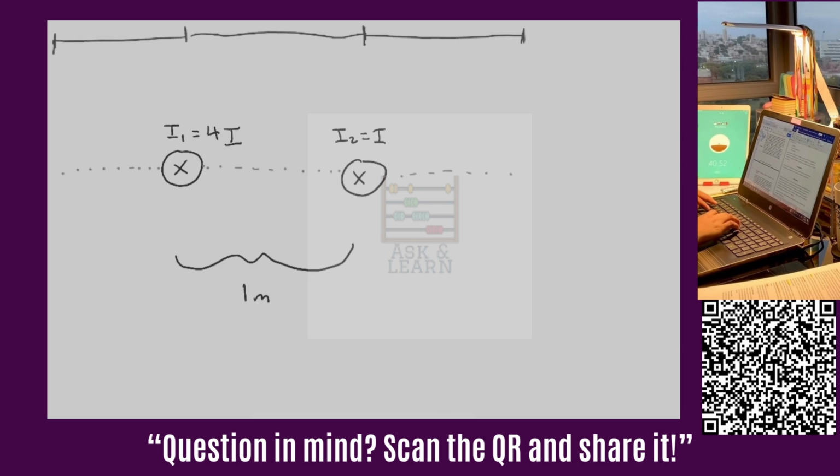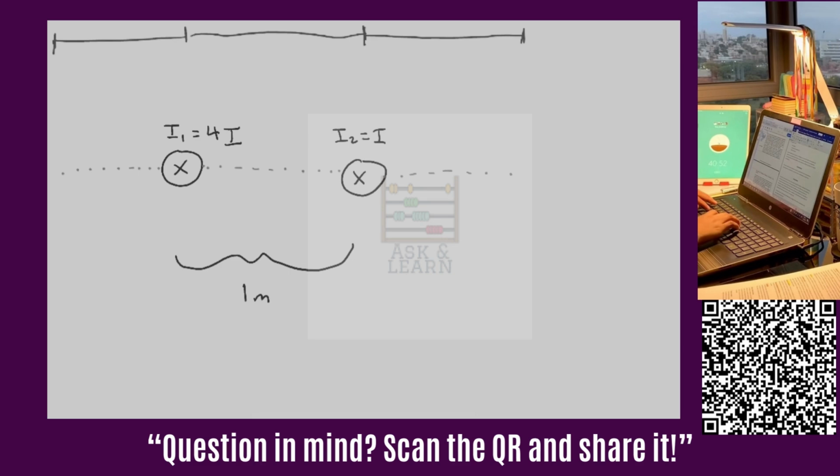Now, before we can decide whether or not the magnetic fields are going to cancel or not, we have to draw what the direction of the magnetic fields are going to be. If we follow the right hand rule and put our thumb into the screen along the direction of the currents, then our fingers are going to wrap around in a clockwise manner.